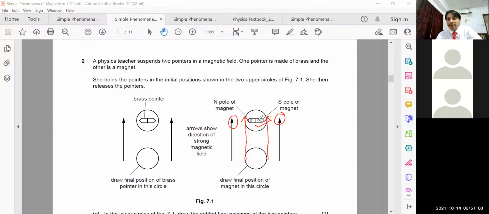We know, children, that a magnet in a magnetic field, or a magnetic compass, will deflect, meaning it will try to keep its north pole in the direction of the magnetic field. So the north pole will deflect and try to go in the direction of the magnetic field. So north here, south here. So this arrangement will be like this, children.